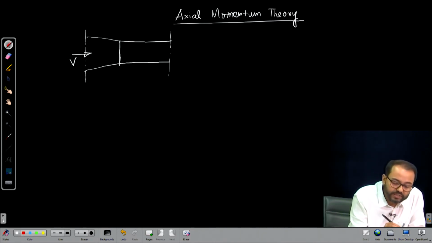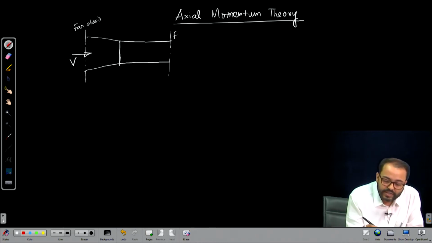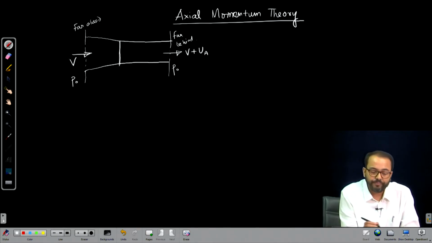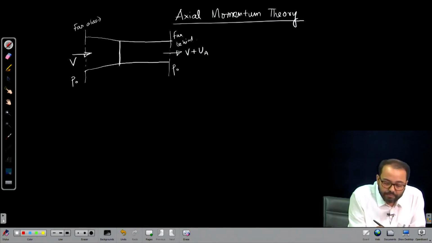So, this was far ahead and far behind. The pressure is same in these two conditions, and we have the axial induced velocity UA, which adds up to the inlet velocity, and at the propeller plane.